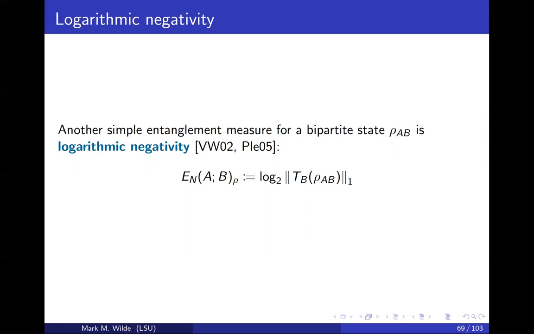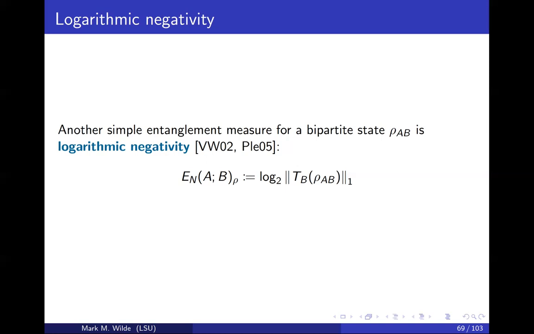for a separable state, if you plug in a separable state and you take the partial transpose, the result is still a state. Okay, and if you compute the one norm of a quantum state, it's equal to 1, and the log of that is 0. So at the least, this entanglement measure will evaluate to 0 for a separable state.